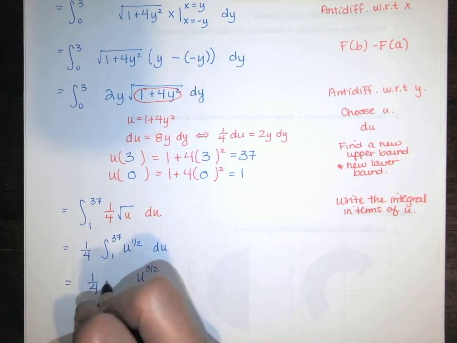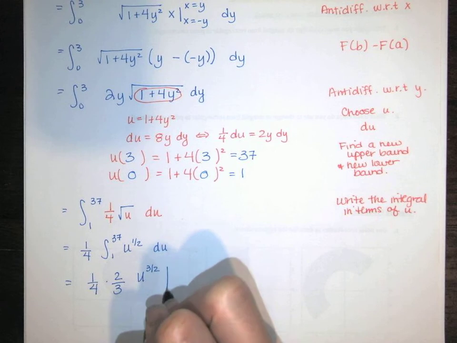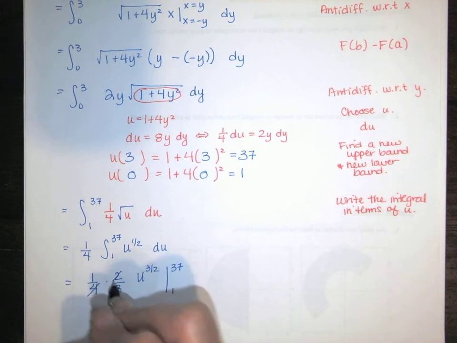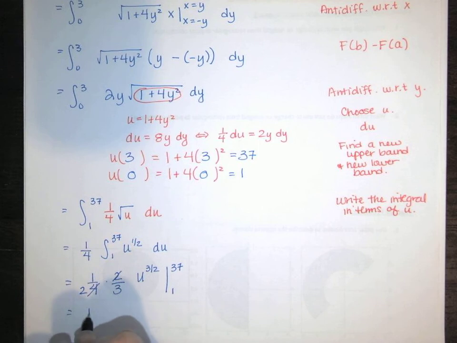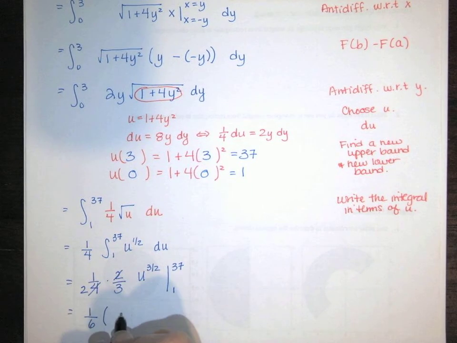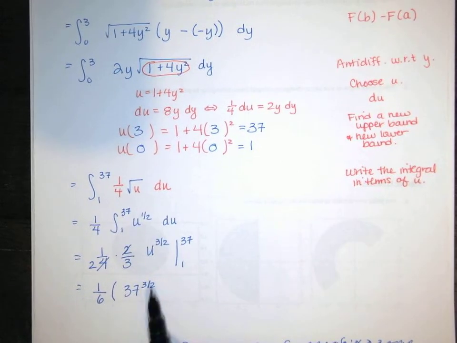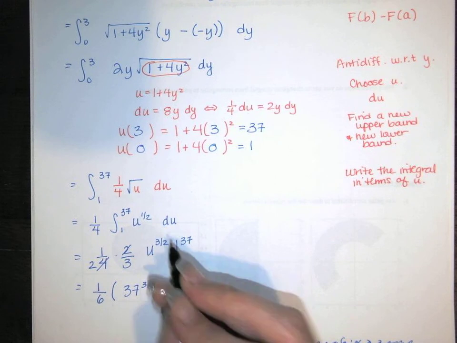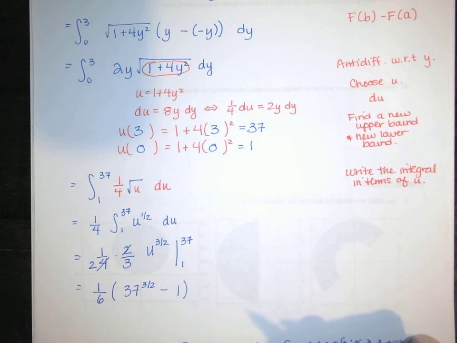Dividing by 3/2 is the same as multiplying by 2/3. Substitute in 1 and 37 and subtract. 2 goes into 4 twice, so we end up with a 1/6. And then we have 37 to the 3/2 minus 1 to the 3/2, and 1 to any power is just 1.